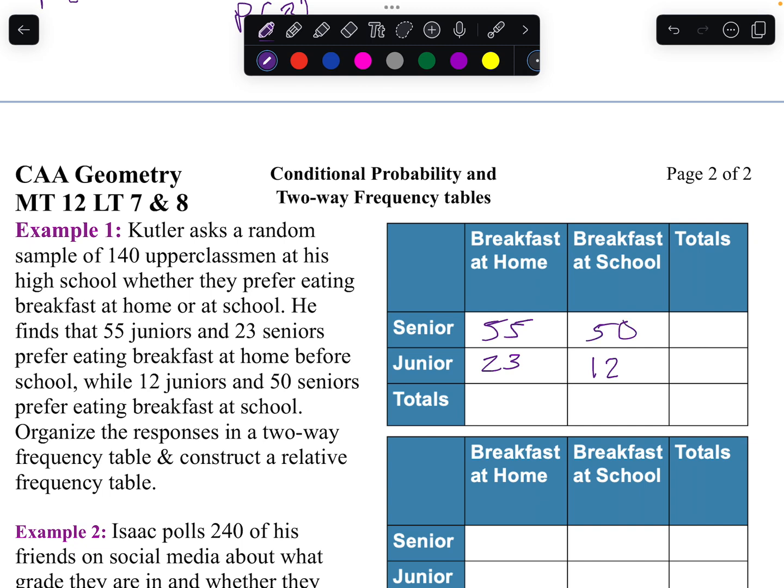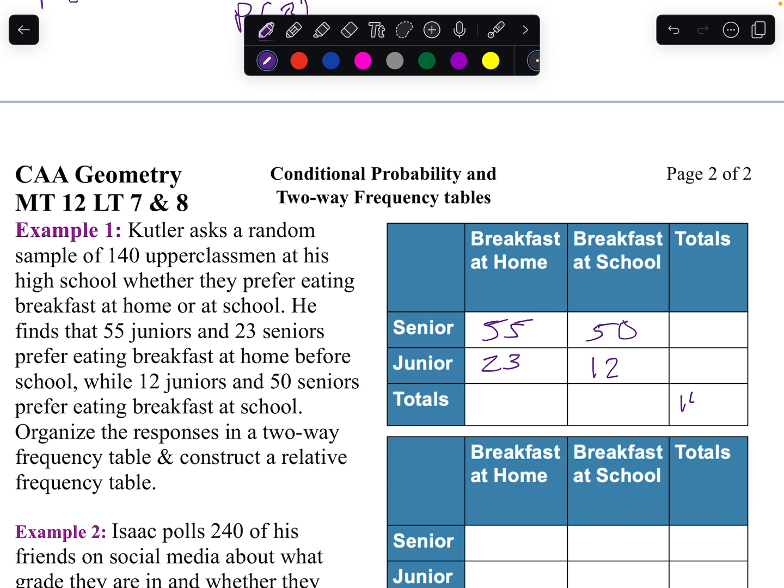Now I want to organize this into a two-way table, which I've already done part of. So now we'll just find the totals. We know we have 140 here, don't we? And then we call them row totals and column totals. My column totals, I'll just add them up.